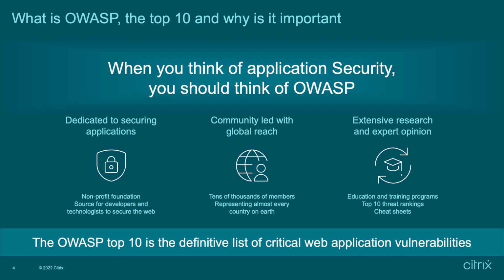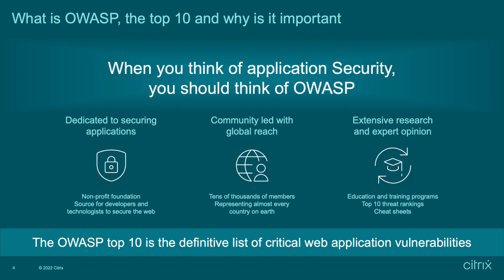But first, let me set the scene about OWASP and why so many companies look to them for guidance on application security. The Open Web Application Security Project, OWASP, was founded as a non-profit foundation to raise awareness about application security, and over the years it's become the de facto gold standard for AppSec.